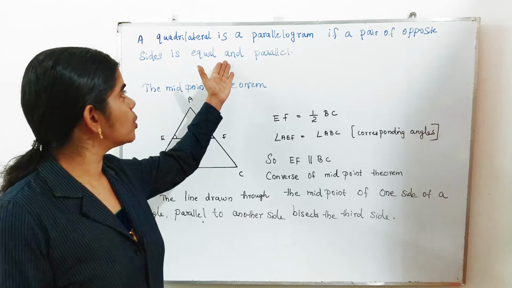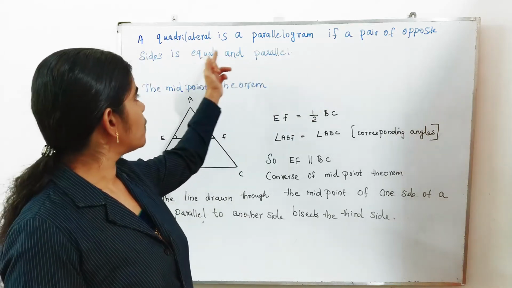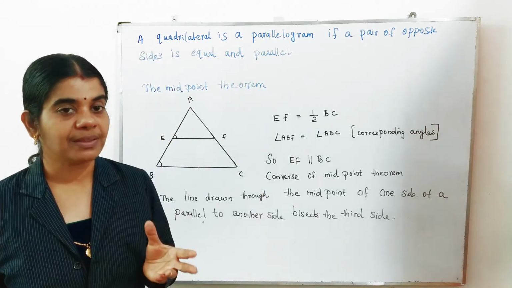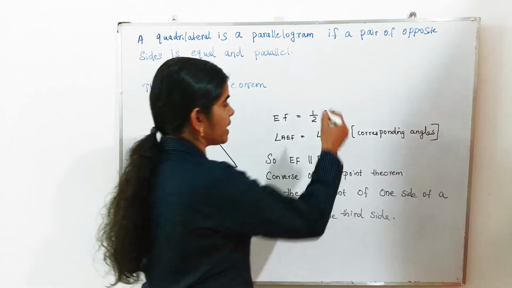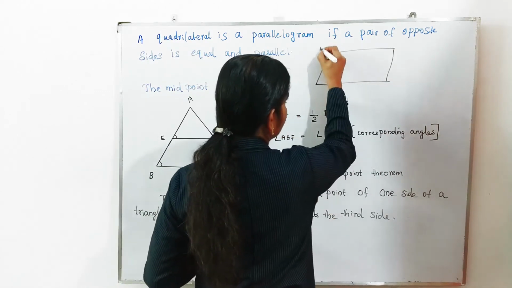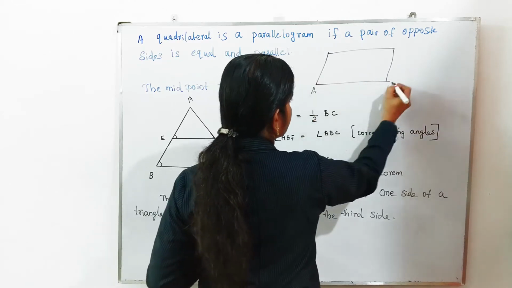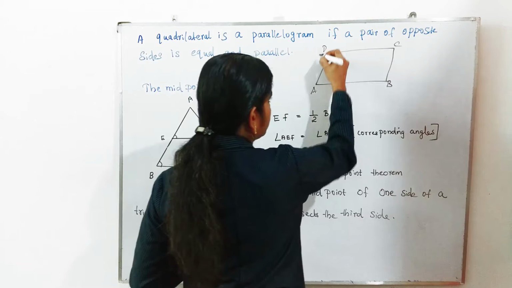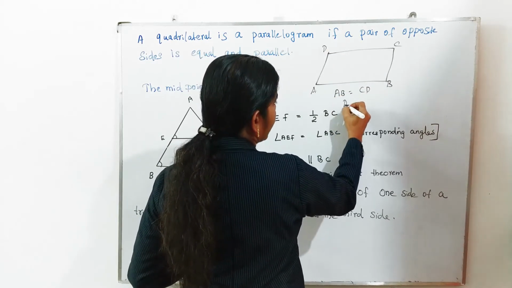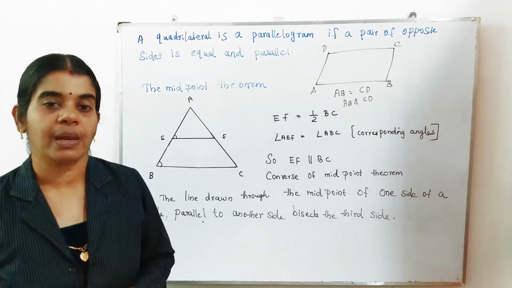Next I am saying one more property. A quadrilateral is a parallelogram if a pair of opposite sides is equal and parallel. Suppose we are drawing a parallelogram ABCD. If you can prove that AB equals CD and AB is parallel to CD, then also that will be a parallelogram.